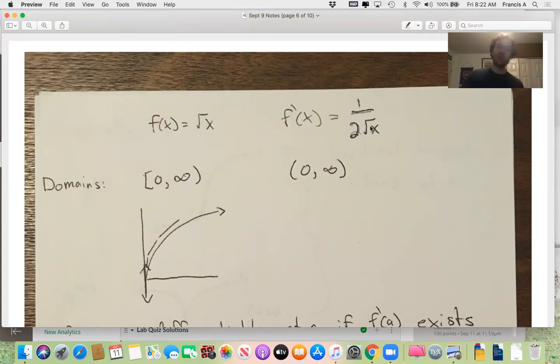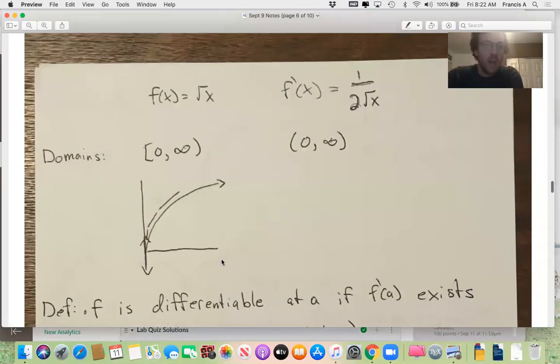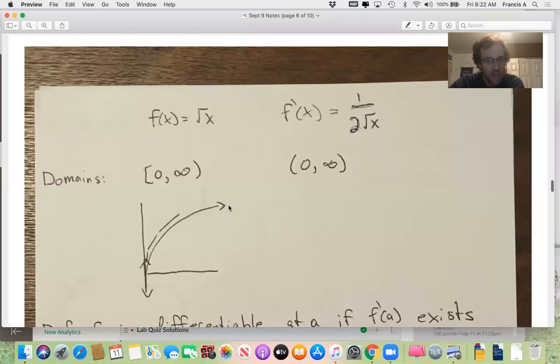And this actually matches, or we can see that this makes sense in another way if we look at the graph. Here's the square root of x. If you pick any point, you can draw its tangent lines.